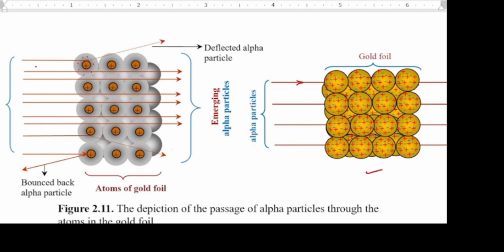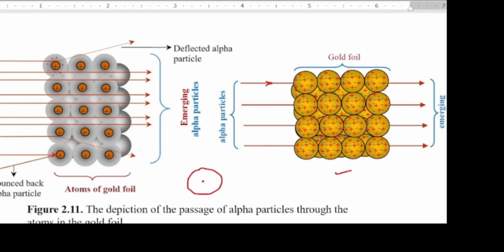He's saying the reason why most of the alpha particles went through freely unaffected is because only a small part of the atom is occupied by the nucleus, a very, very tiny part, and the rest is empty space wherein exist the electrons. So most of the atom, he's saying, is empty space, but in the middle of it is where you have the nucleus that is positive in nature.